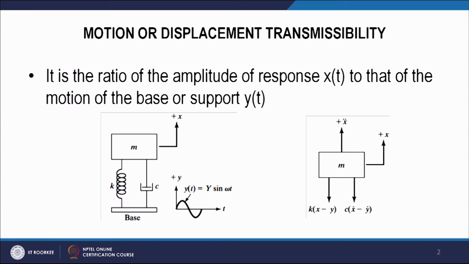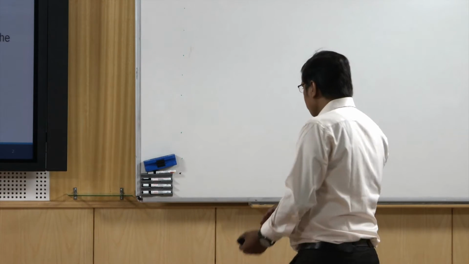So we have to keep these isolators so that the motion from this base is least transmitted to this mass, and here the role of the displacement transmissibility will come. So, let us discuss this.